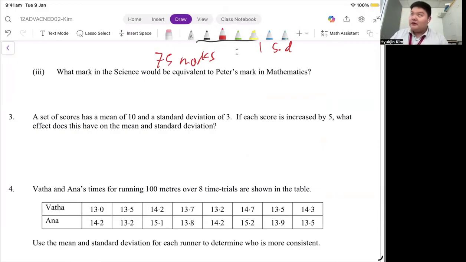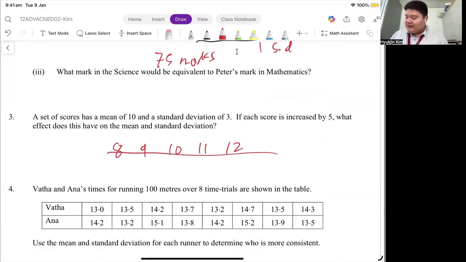I have 8, 9, 10, 11, 12. I have 5 scores. If every score is increased by 5, it just becomes 13, 14, 15, 16, 17.